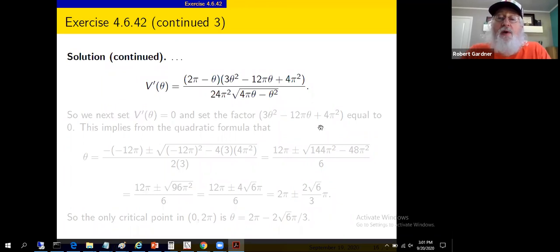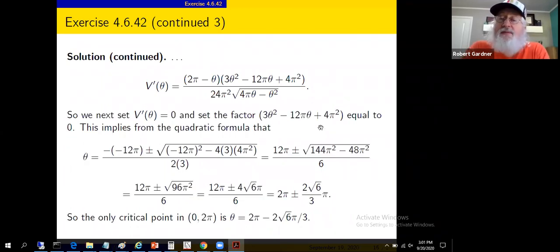Here's the derivative. What's up with that second degree polynomial? If we set the derivative equal to 0, then we either get this equals 0, which we've already dealt with, theta equals 2 pi, or this equals 0. So we'll set that factor equal to 0 and use the quadratic equation. A theta squared plus b theta plus c.